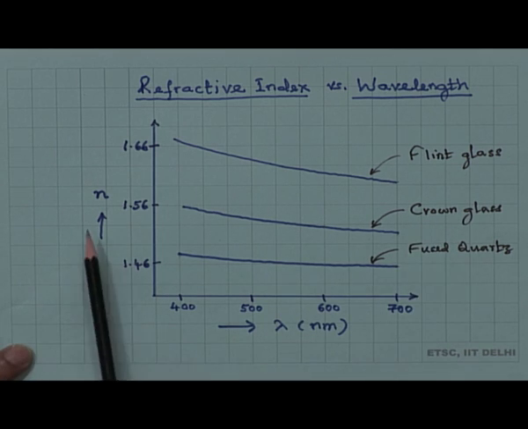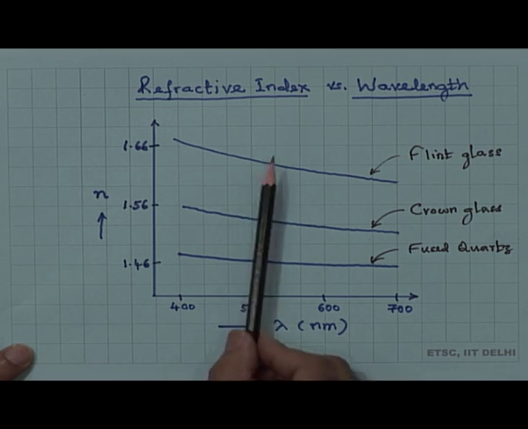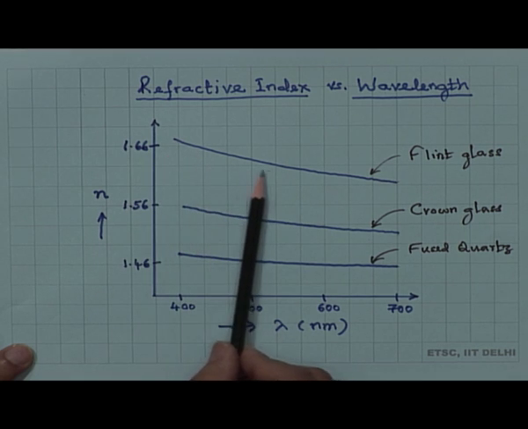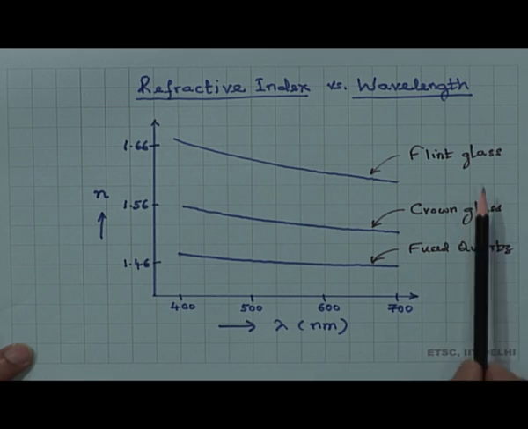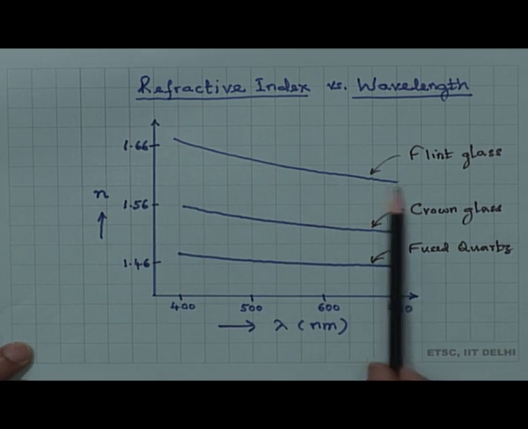We can see here refractive index n versus wavelength. In all cases n is continuously decreasing as wavelength is increasing. So, the refractive index decreases with wavelength for all the three materials. The actual value of the refractive index is different for the three materials, and the rate at which it changes will be different for different materials, but the refractive index varies with wavelength in the same fashion.